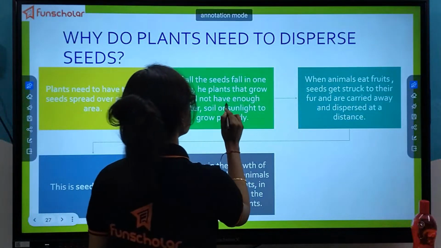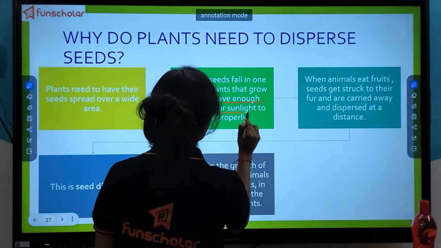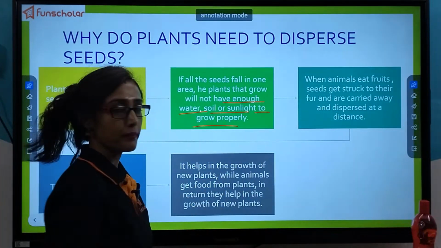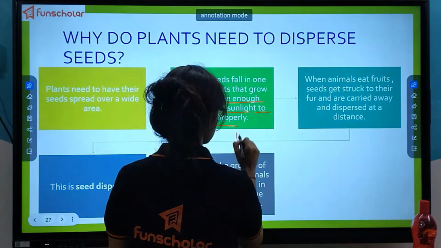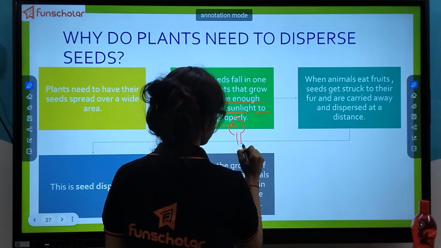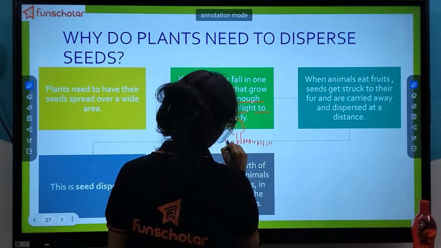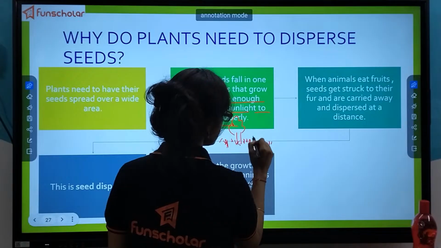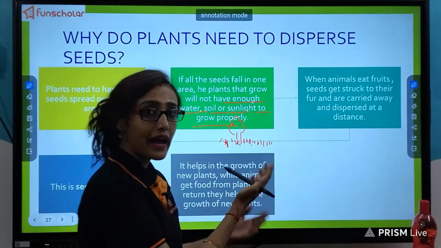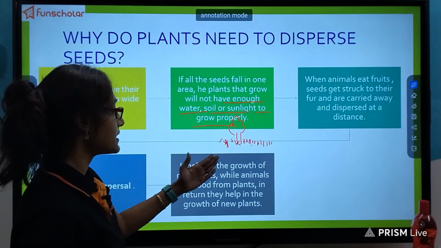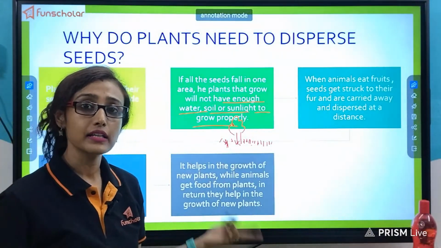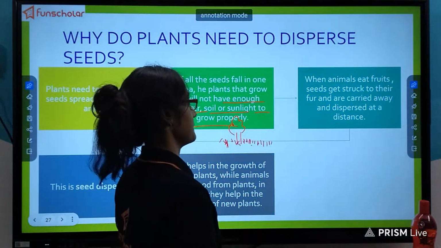They will not have enough water, soil or sunlight to grow properly. See, suppose this is a plant and there is another plant, another, and they will also produce seed. Where will they grow? There is no place to grow. That is why dispersion is necessary.